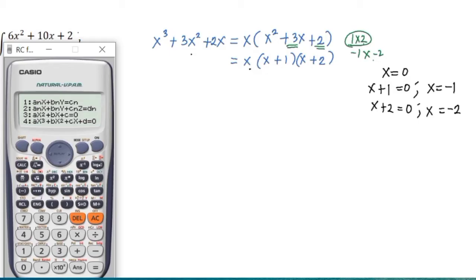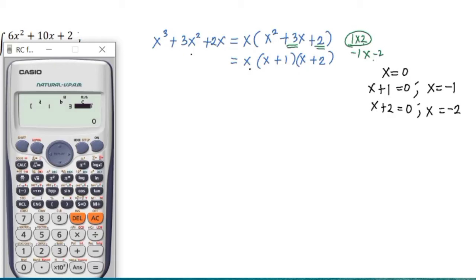So, this must be equated to 0. So, ibig sabihin, if you have your equation na naka-express in constant, ay lilipat natin yung constant sa left side ng equation. Dapat naka-equate sa 0 yung equation natin bago natin gamitin to. So, press 4, yung coefficient ng x cubed, so that's 1. Coefficient ng x squared, so that's 3.